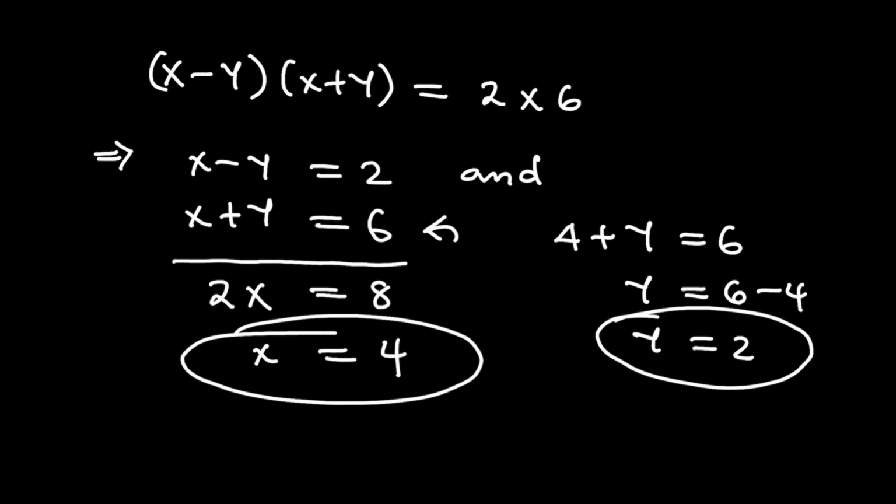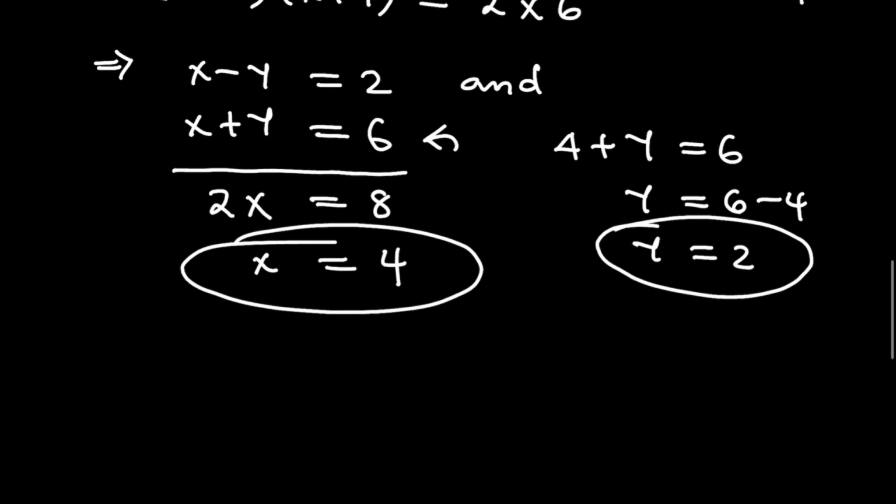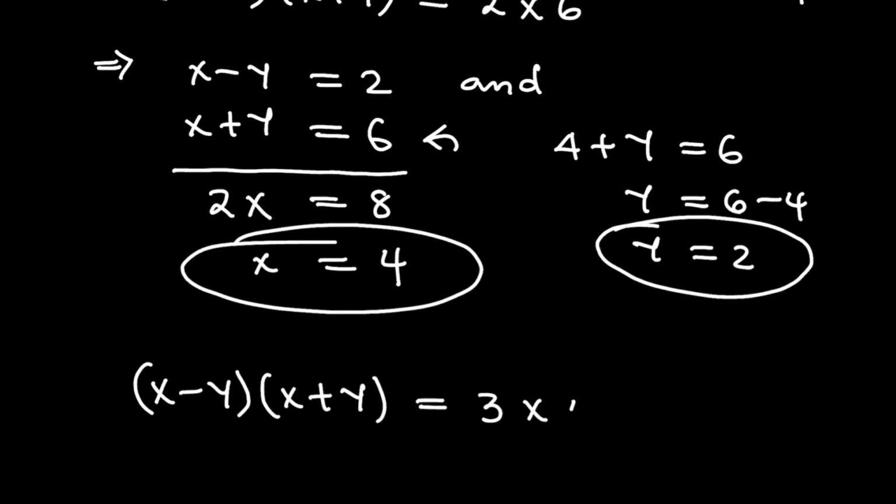The next factor to test are 3 and 4. Let us test out 3 and 4 and solve respectively. We have x minus y times x plus y is equal to 3 and 4.